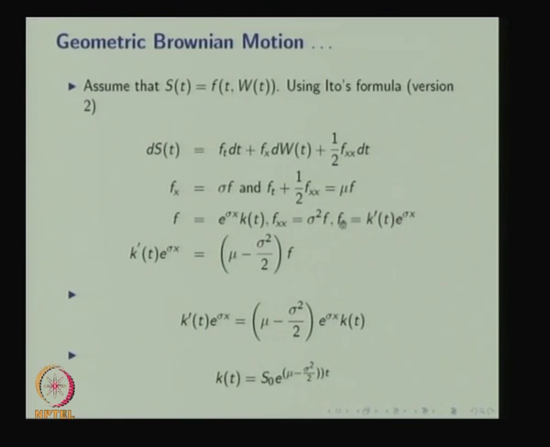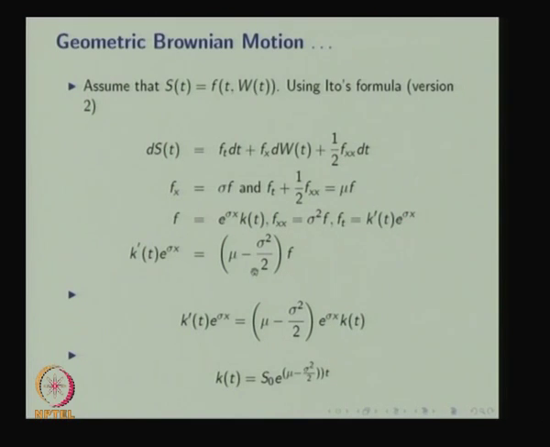So you can substitute f_t here and f_xx here, therefore you will get k dash of t e power sigma x is the same as mu times f minus sigma square f. Therefore substituting f_t and f_xx in this equation, you will get k dash of t e power sigma x is equal to mu minus sigma square by 2 f.